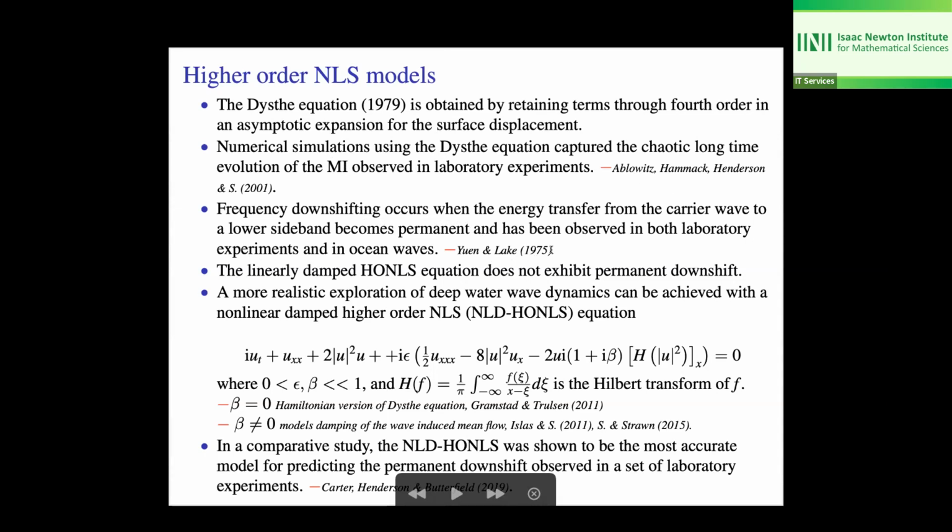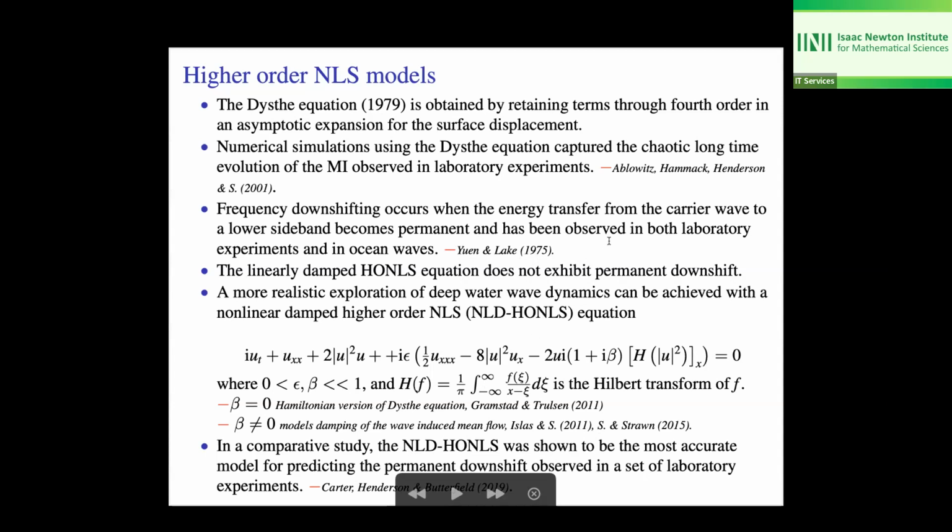And there has been a continual attempt to understand downshifting and model it from the time it was first observed by Lake and Yuen in '77 to today. At the bottom, I have a relatively recent reference to Carter, Henderson, and Butterfield. But of course, there are many, many others that have been working on this.